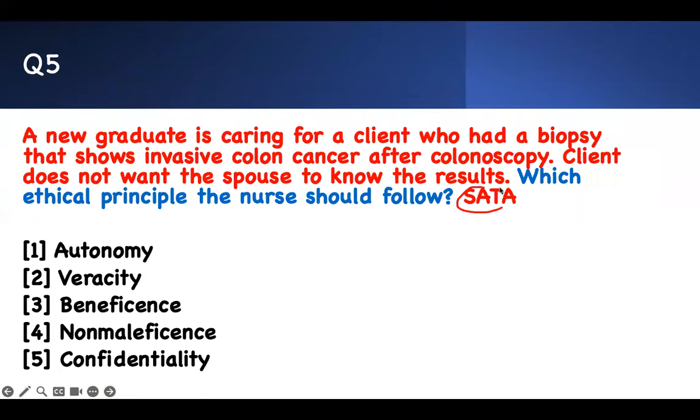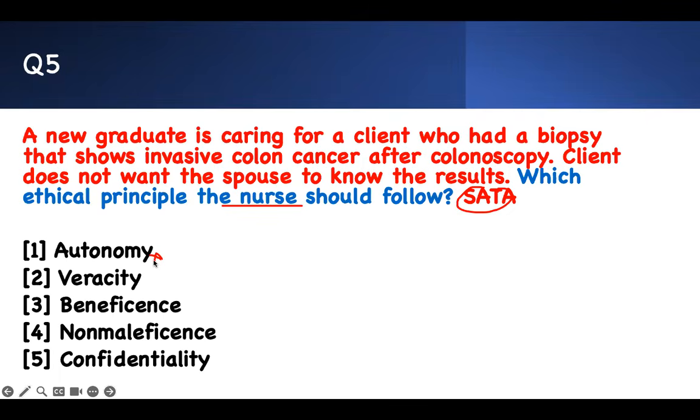Select all that apply. Again, a bunch of SATA to keep you confident, right? Which ethical principle should the nurse follow? A new graduate is caring for a client who had a biopsy that shows invasive colon cancer after colonoscopy. The client does not want the spouse to know about it. Had biopsy, shows cancer. I don't want my spouse to know about it. What ethical principle should the nurse follow?